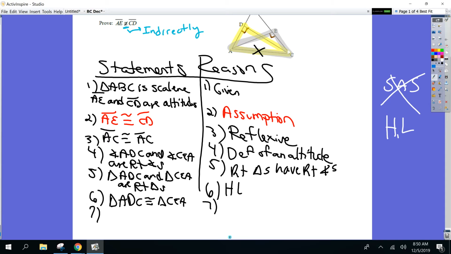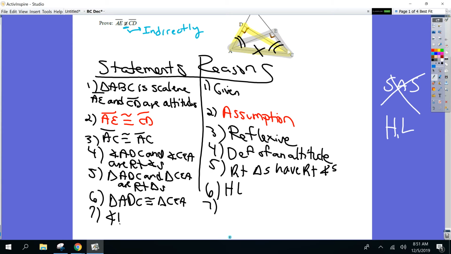Where's that lead me to that they're congruent? Remember, I need to show the triangle is isosceles. These two triangles being congruent leads me to what now? I get it, CPCTC, but what's CPCTC going to prove? Which angles? DAC, this full angle in my yellow one, and ECA, this full angle in my gray one. Got it.